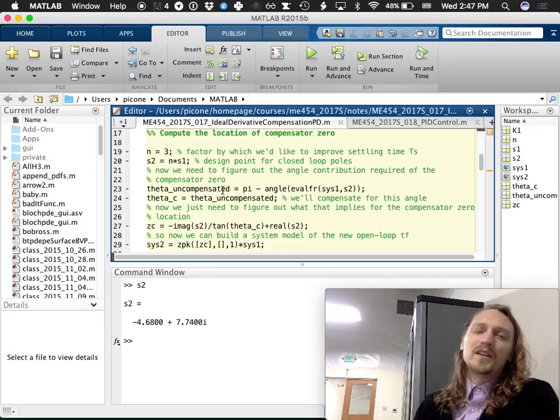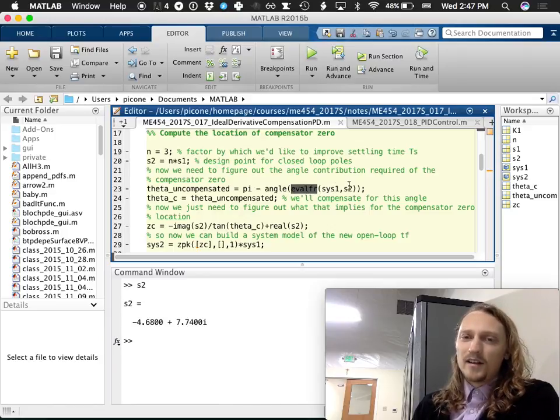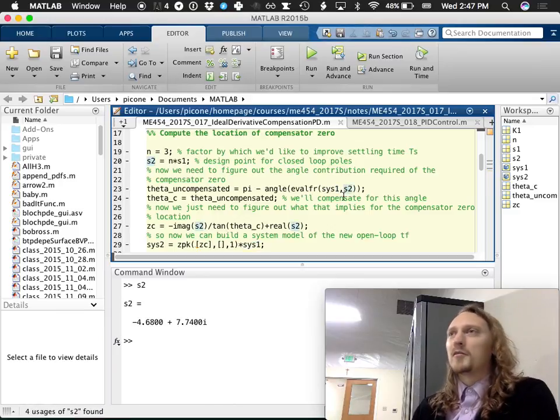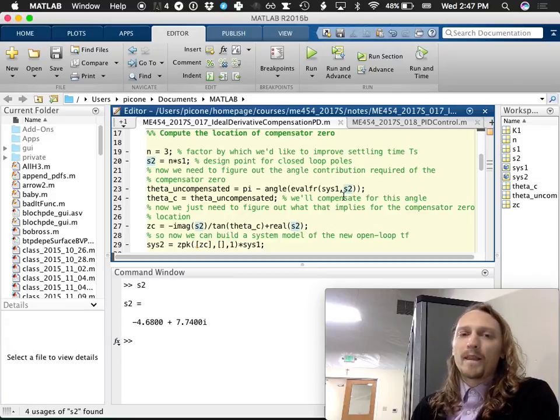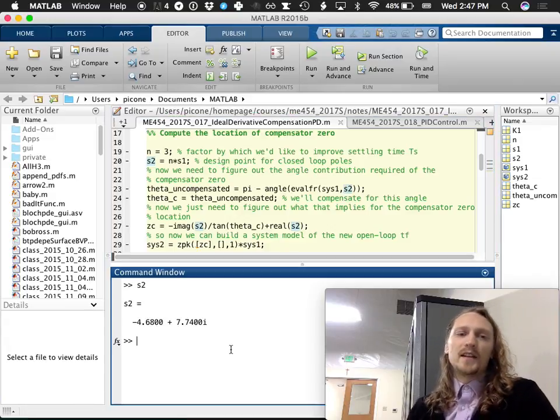But essentially, you need to compensate by pi minus the angle of G of S2, or the design point that you want to be at. Okay? And that gives us theta c, so I already evaluated this.